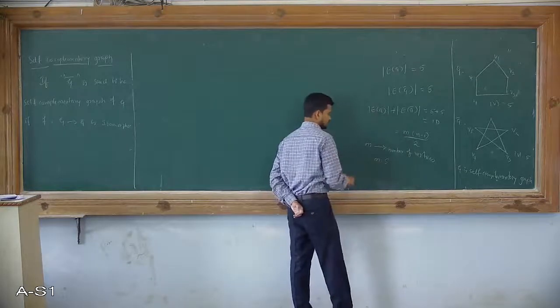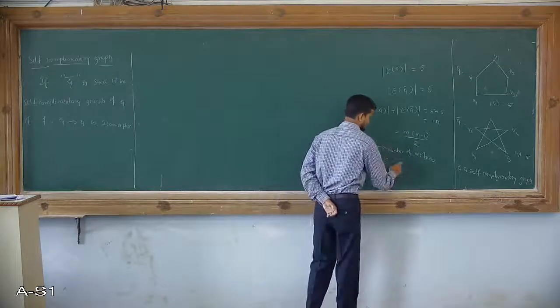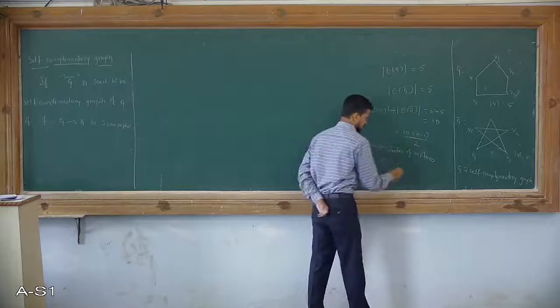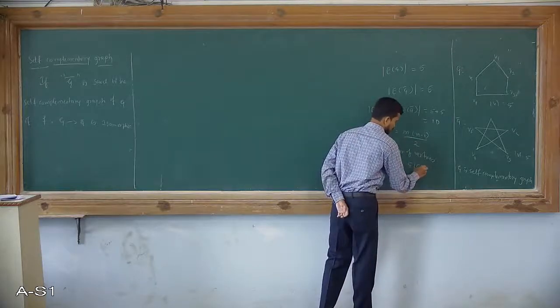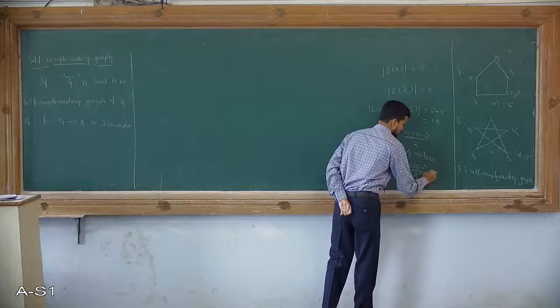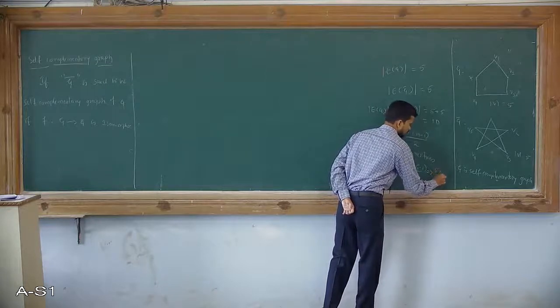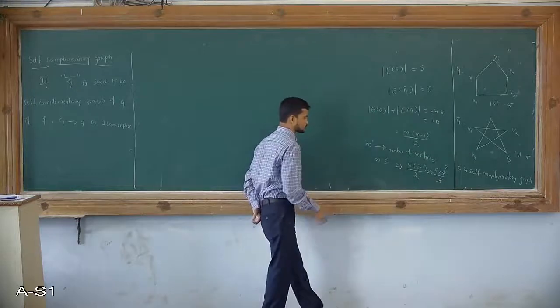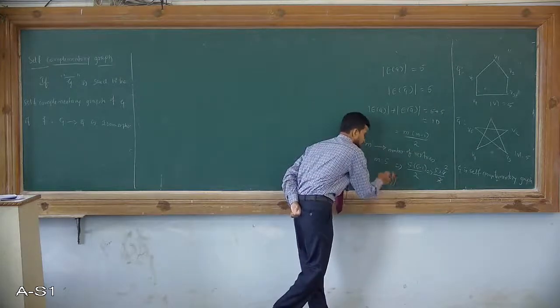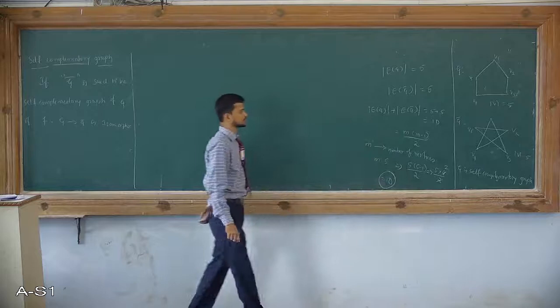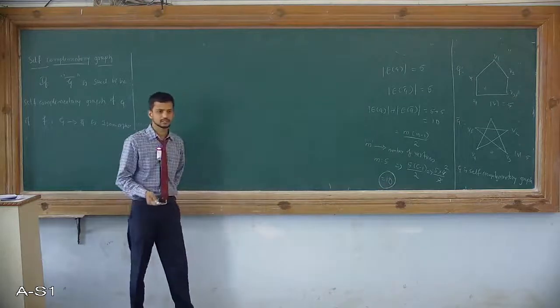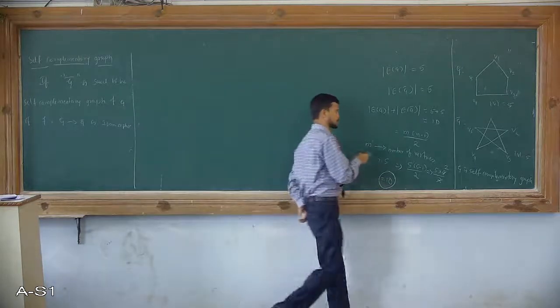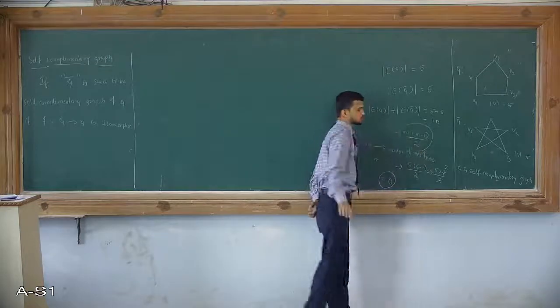If I substitute m is equal to 5 in this expression, that is 5 into 5 minus 1 divided by 2, which implies 5 into 4 divided by 2, the 2 gets cancelled. So 5 into 2 is equal to 10. This represents the total number of edges in G and G bar together, m into m minus 1 divided by 2.